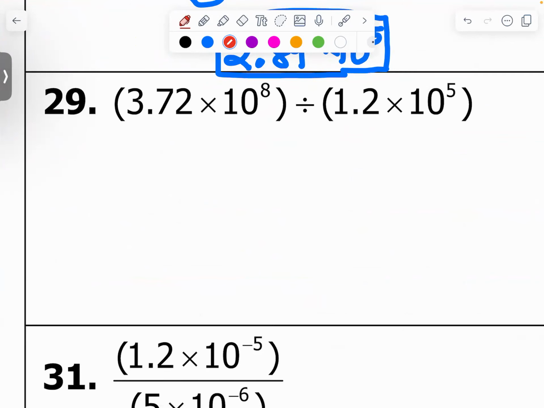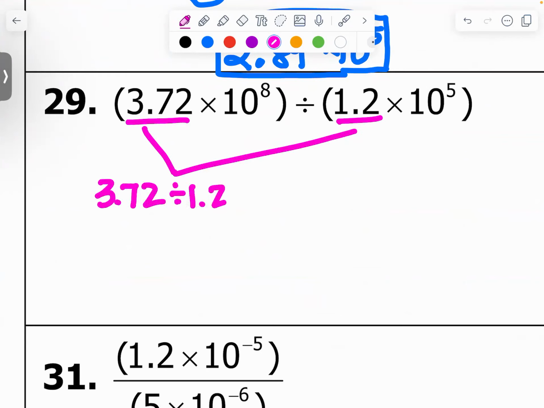Division. Hey, you have a calculator. So Emma, in your calculator and everybody else, let's take 3.72 divided by 1.2. That's the first thing we need to do. 3.1, all right, write down 3.1.